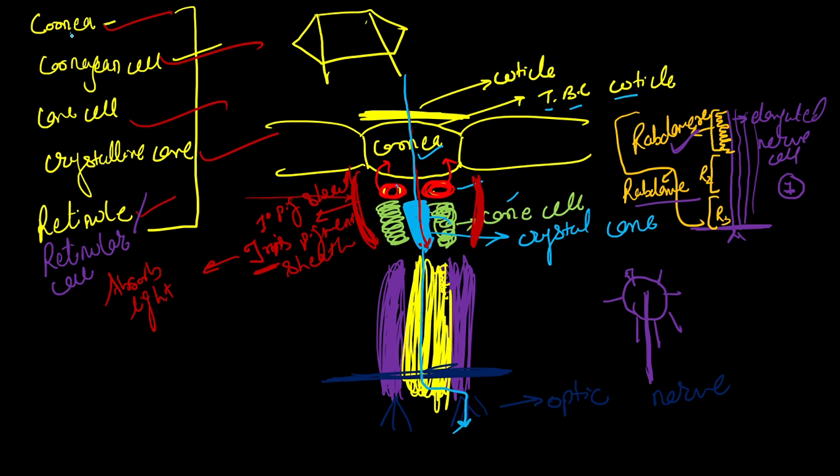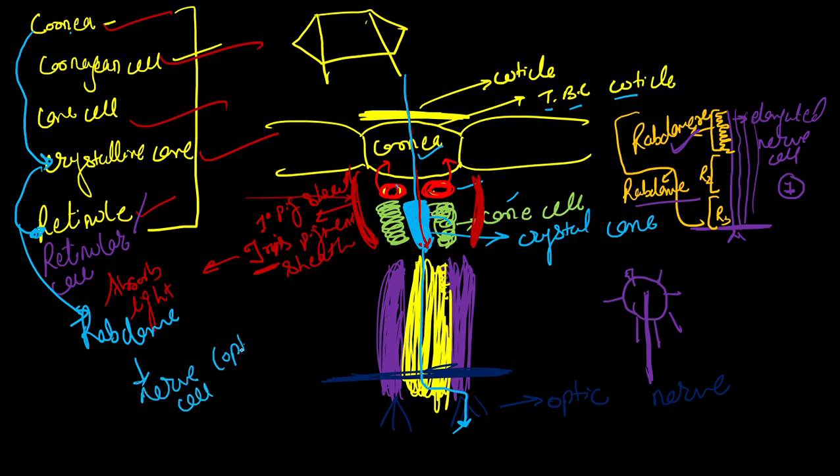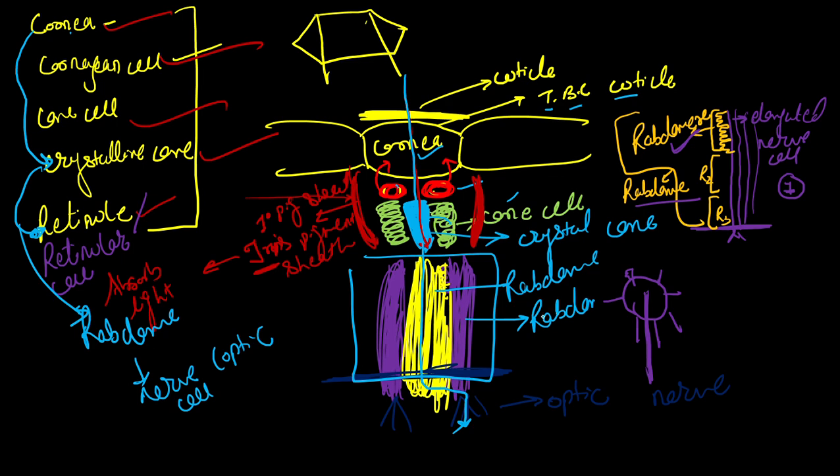Okay. So your light ray will go cornea, then crystalline cone, then rhabdome, not retinulae, rhabdome I can say. From rhabdome it will go to the nerve cell. Which nerve cell? Optic nerve cell. Now these combined, that means rhabdome, which is the yellow one, and the purple one is nothing but the retinulae.